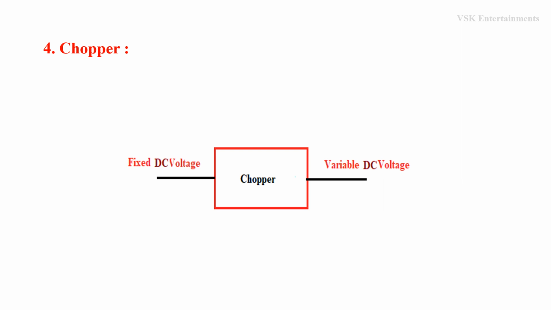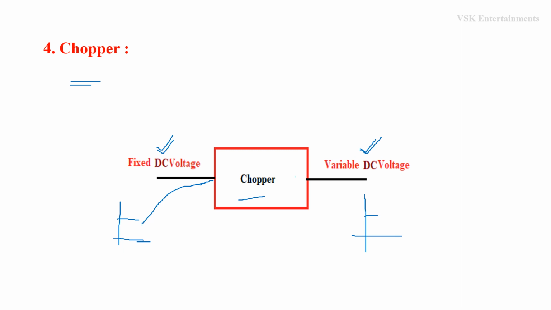The next type of converter is the chopper. The concept of the chopper is very simple. A chopper is a circuit which converts fixed DC voltage to variable DC voltage. Here, fixed DC voltage means the voltage which has a constant magnitude. This is the waveform for the DC voltage which is given to the chopper circuit as the input, and we are going to get the variable DC voltage.